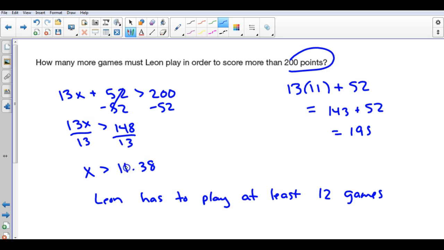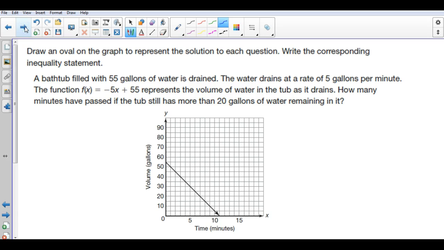So I end up rounding up. You could also just leave your inequality as x is greater than 11.38. If he plays like 11 and a half games, for whatever reason, if he's allowed to play a half, that would work then. So anything greater than 11.38 games is going to allow him to. So I'm rounding up because I'm talking about whole games here.